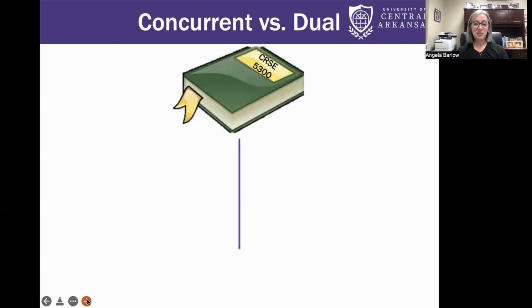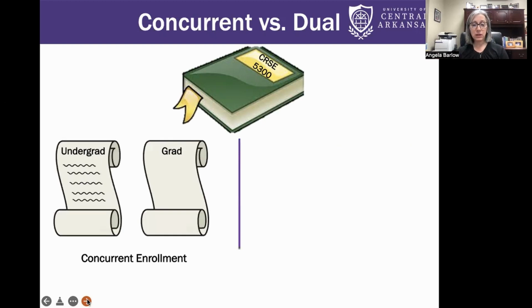So in this example, I've got a fictitious course 5300, and I'm looking at a student who is an undergraduate and they're interested in taking that course. You can see in my image here that I've represented their transcript or their degree audit with these scrolls.